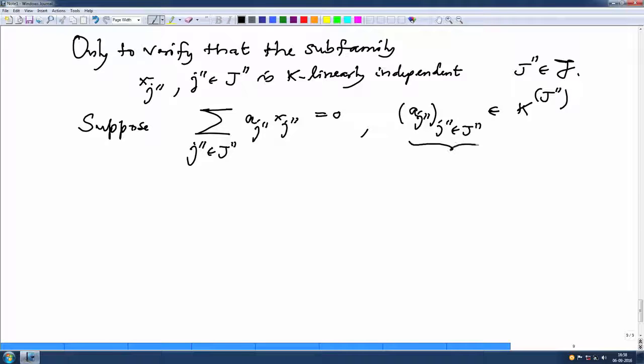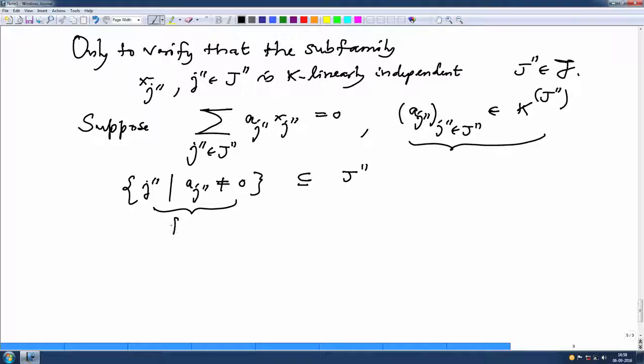As usual, this simply means only finitely many coefficients are non-zero. So look at the set of all j in J double prime for which a_j is non-zero. This is some subset of J double prime, and this is a finite subset, because only finitely many of them are non-zero.